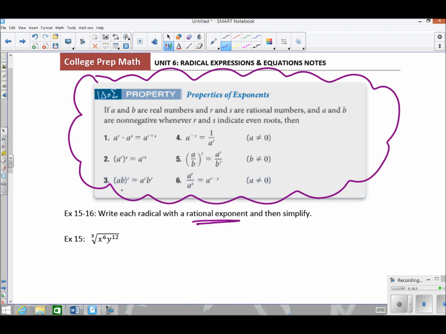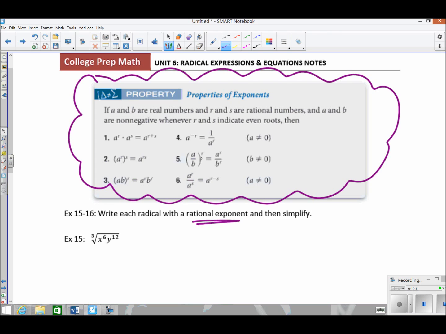I talked about this one here, where whenever you are multiplying like bases, you add the exponents. Whenever you're raising to a power, you just multiply the exponents. If you have two things raised to the same power that are being multiplied, you can raise each individual one to the power. Any negative exponents are going to go to the bottom. It's going to be the reciprocal.